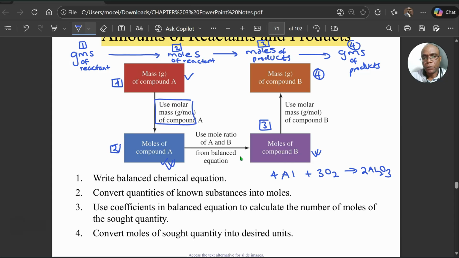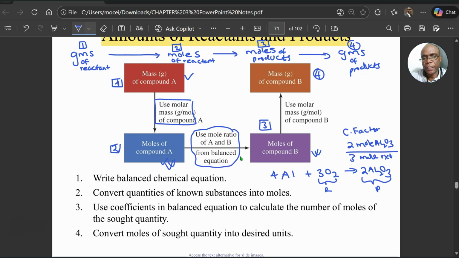If I know that I have 3 moles of oxygen reacting to give me 2 moles of my product, this is my reactant, this is my product, my conversion factor going to the product will be 2 moles of my product is always created from 3 moles of my reactant, which is what this is saying.